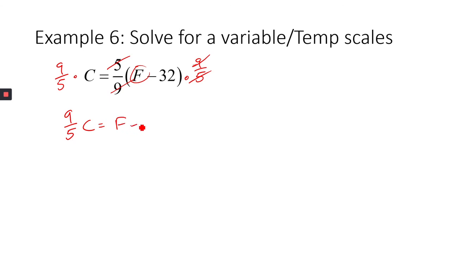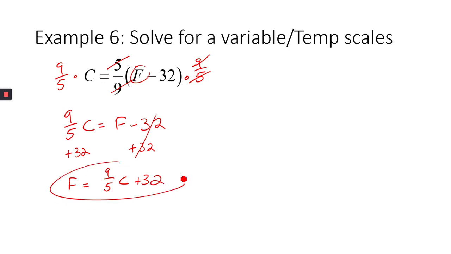And so now we're just left with f minus 32. And I would rather you multiply both sides by that reciprocal instead of distributing, just because it makes the problem a whole lot easier. And there's our answer for that one.